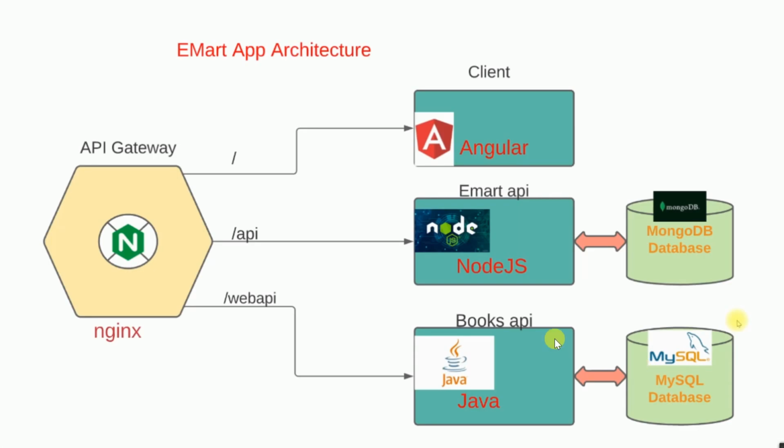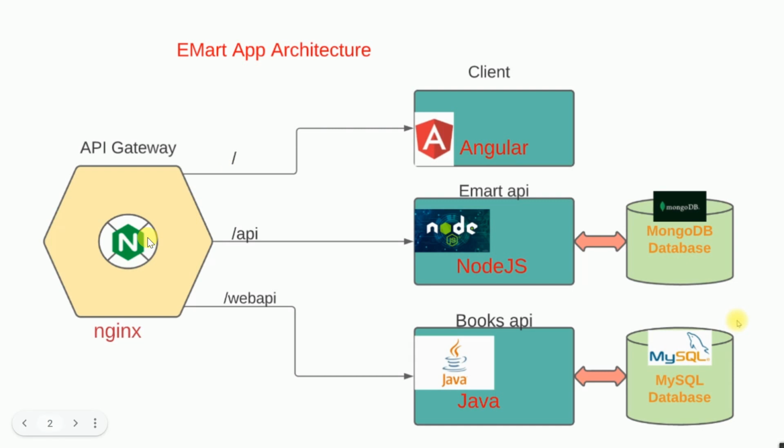So here you can see this is the eMart app architecture, which includes multiple technologies. Let's start with the API gateway. The API gateway includes nginx, and it has multiple entry points like /, /api, and /webapi.